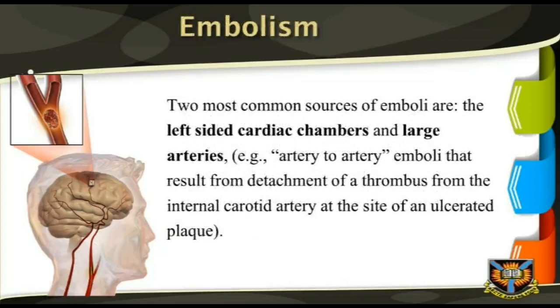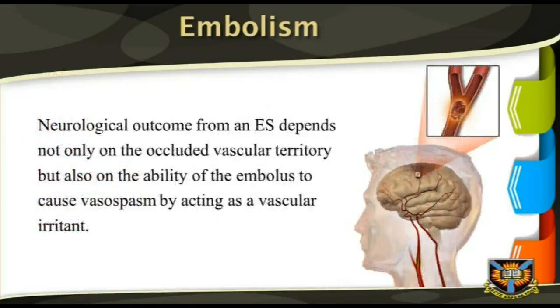The two most common sources of emboli are the left-sided cardiac chambers and the large arteries, e.g. artery-to-artery emboli that result from detachment of a thrombus from the internal carotid artery at the site of an ulcerated plaque. The neurological outcome from an ES depends not only on the occluded vascular territory but also on the ability of the embolus to cause vasospasm by acting as a vascular irritant.